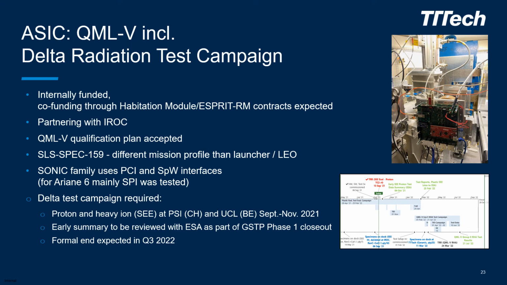We partner with French company AROC. Already the QMLV qualification plan has been accepted, and we need to test additional interfaces because in Ariane 6, mainly the SPI interface was tested, but now also PCI and SpaceWire interfaces are being used. So a delta test campaign and also a delta radiation test campaign is performed.